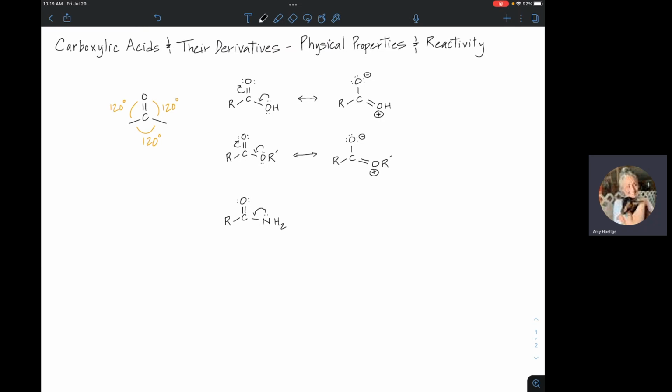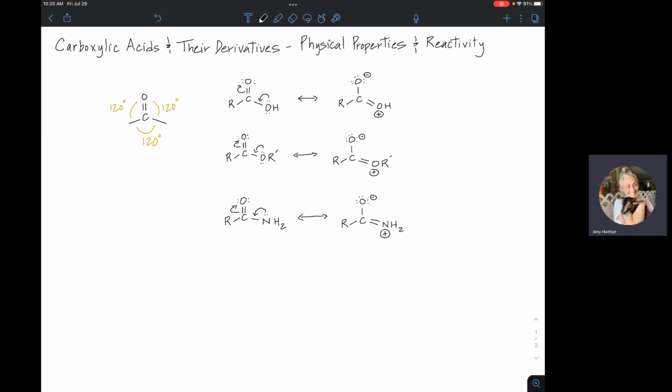This carbon-nitrogen bond behaves a little bit more like a double bond than in a carboxylic acid or an ester. The nitrogen, being less electronegative than the oxygen, is better able to support the positive charge. So this resonance structure on the right for the amide is just a little bit more important than it would be for a carboxylic acid or an ester.